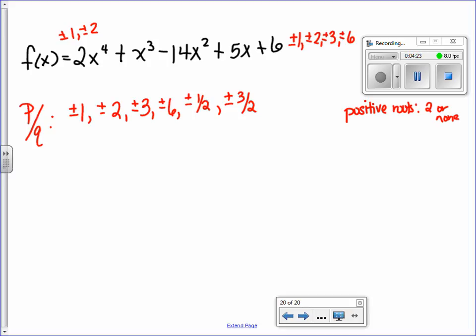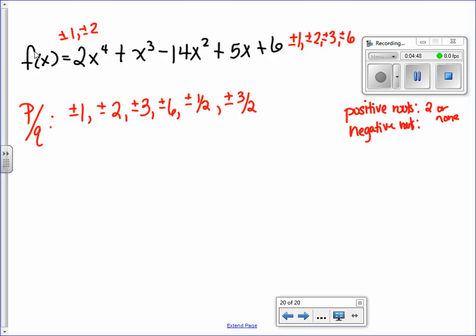Because there's 2 positives, or there's none. And here's something else that you can do. If you're working along and you find 3 positive roots, guess what? You're wrong, because there's not 3. There's 2, or there are none. Okay? Now for negative roots, you put a negative in for all these x's and see if the signs change.